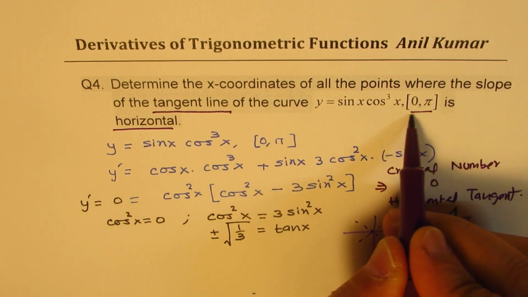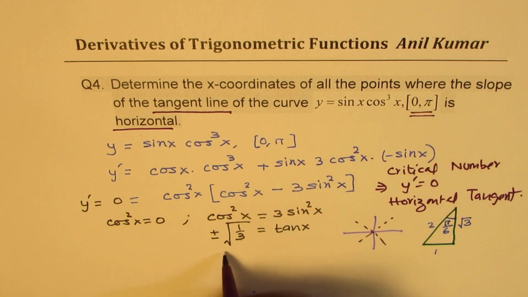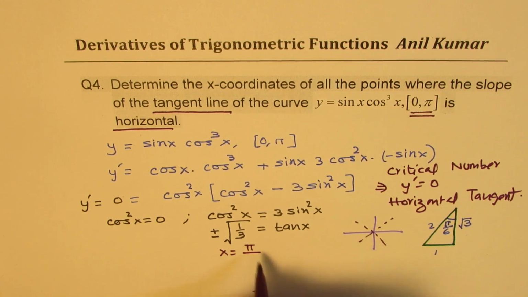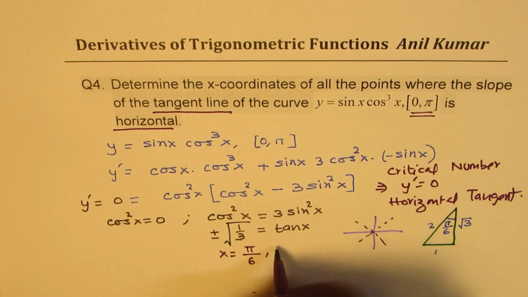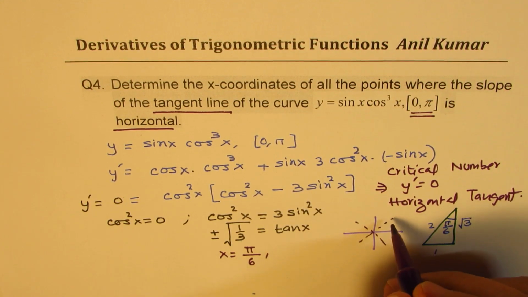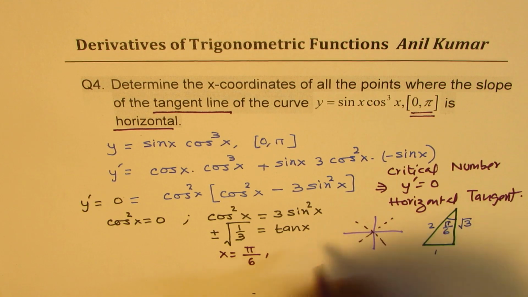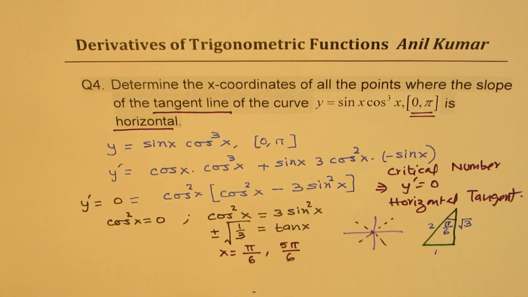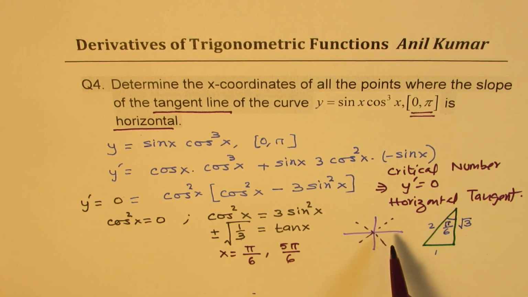Since the interval is from 0 to pi, we get the value of x as pi by 6 and 5 pi by 6, which is pi minus pi by 6. As far as the cos zeros are concerned, they are at pi by 2, right?